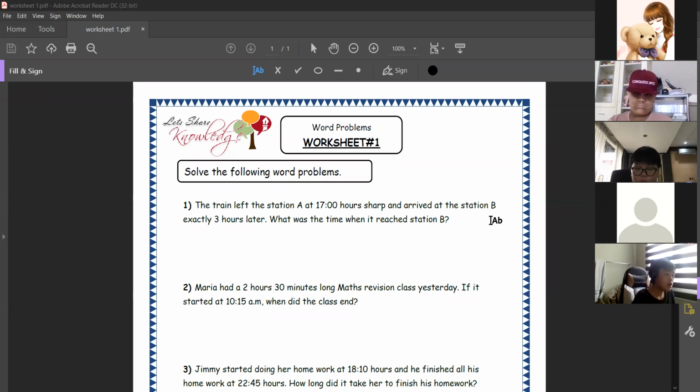Word problem worksheet number 1. You have to solve the following word problems.